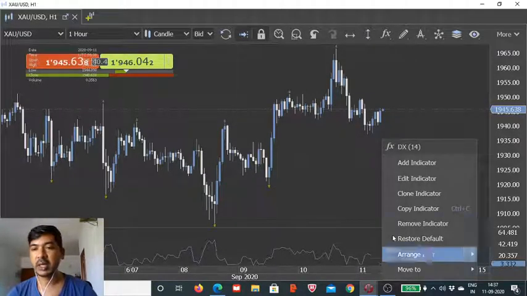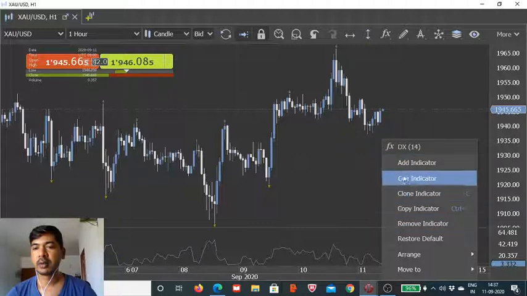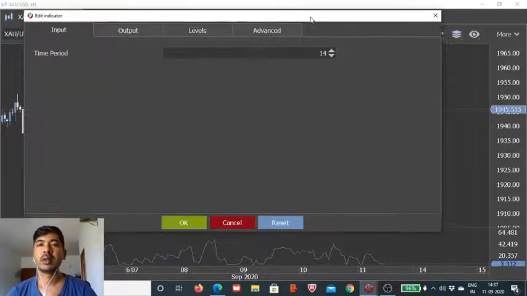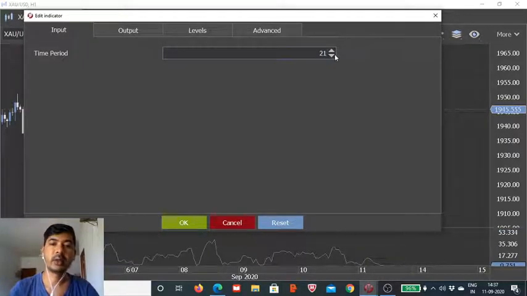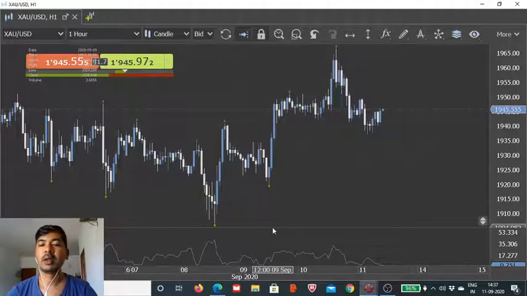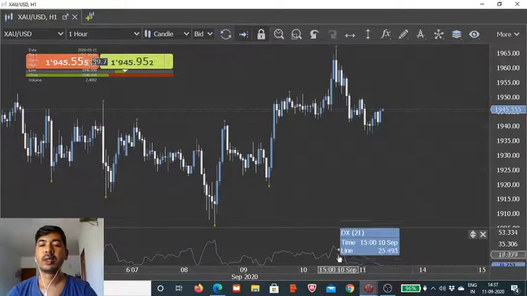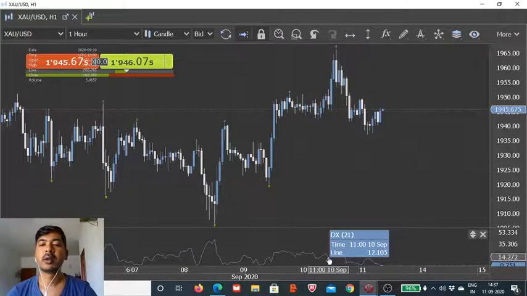And if we change it, suppose if we edit this, then you will have slight differences in the values. So now I have changed it to 21 and you have this DX value, which is a lot smoother compared to what we were seeing when we were using the 14 value.